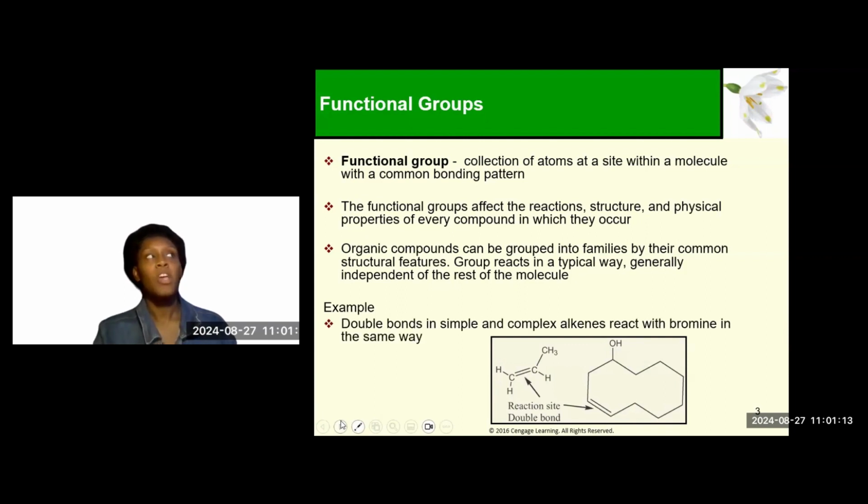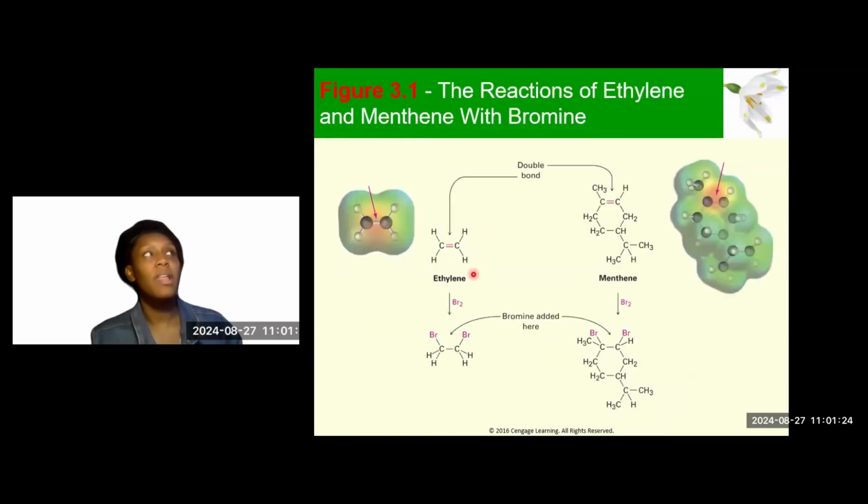So, for example, alkenes, whether they're simple or complex, are going to react with bromine in the same way. So what would that look like? Here we have ethylene, and we see that when it reacts with bromine, you get two bromines on both sides of where the double bond was. And then you have a more complex molecule, okay?